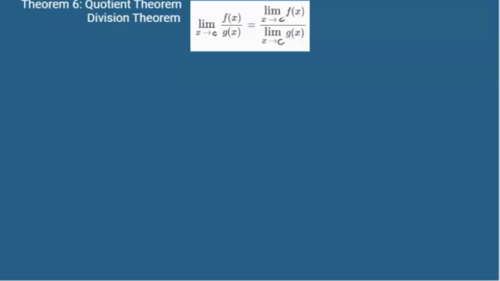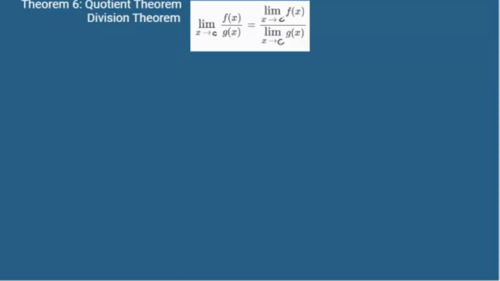So the limit of f of x divided by g of x as x approaches c is equal to the limit of f of x as x approaches c divided by the limit of g of x as x approaches c.